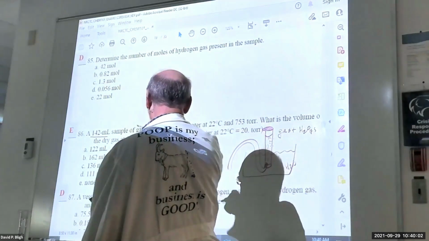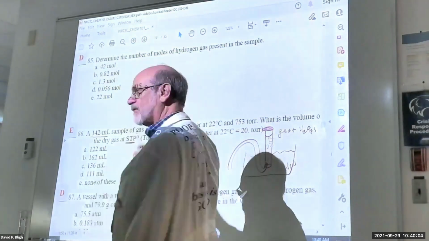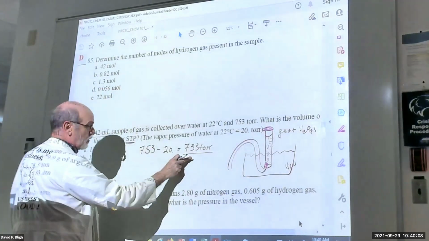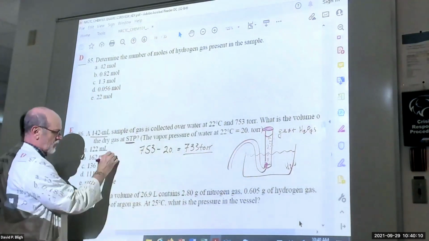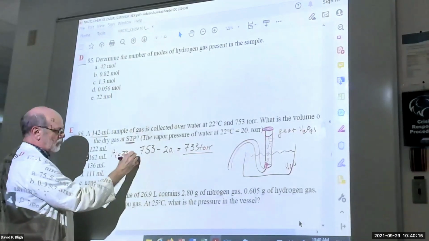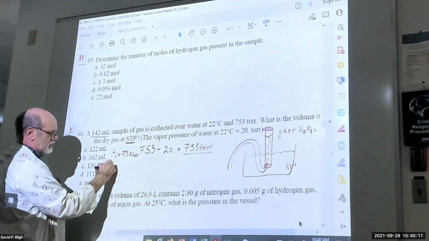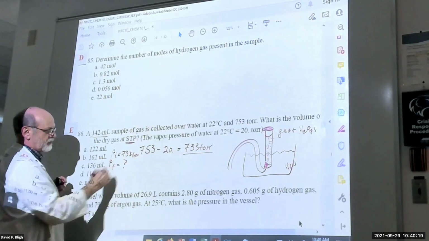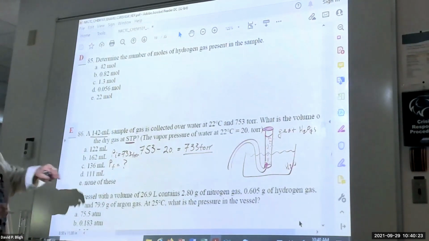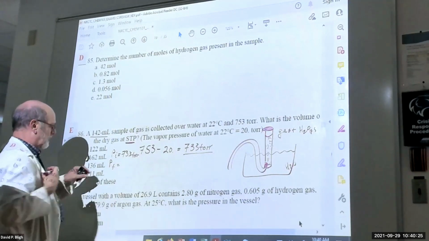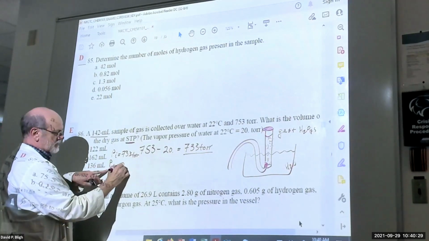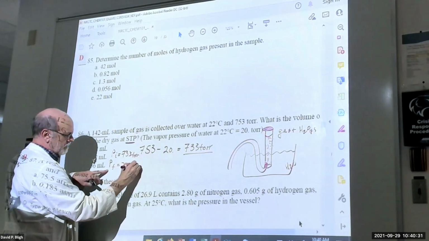So now we have a before and after situation. Right? This is the pressure before. So pressure initial is 733 torr. Pressure final is question. No, excuse me, volume. Excuse me, volume. The pressure final is 1 atmosphere, 760 torr.